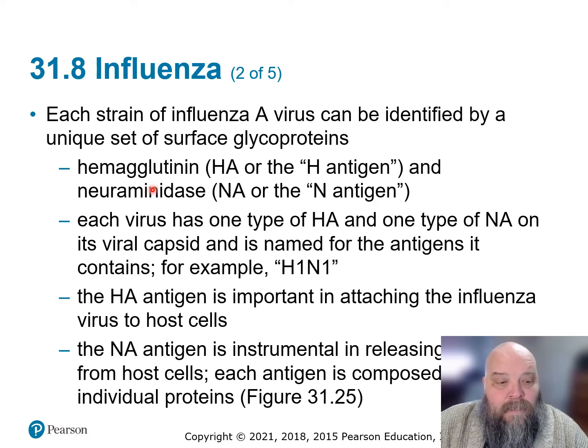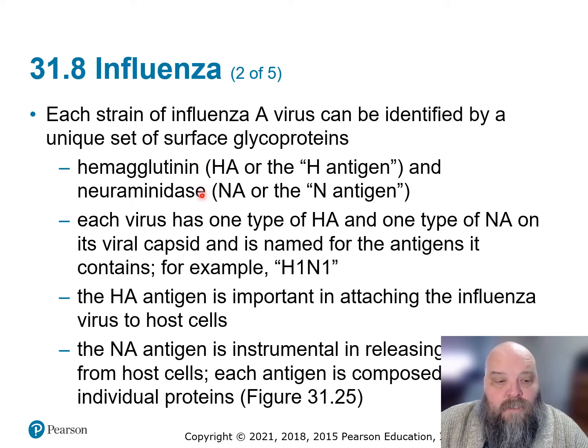One's to get in, the other one is to get out. One hijacks a receptor, the other cuts the proteins between the envelope and the cytoplasmic membrane, releasing the newly made influenza virus from the host cell.